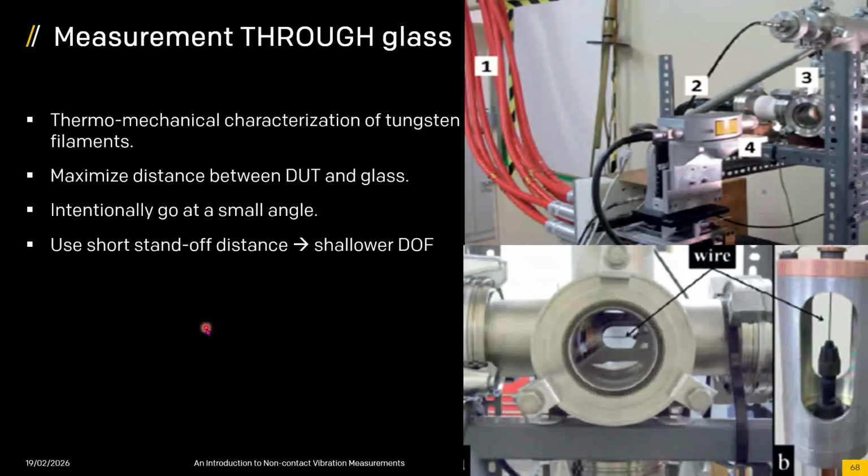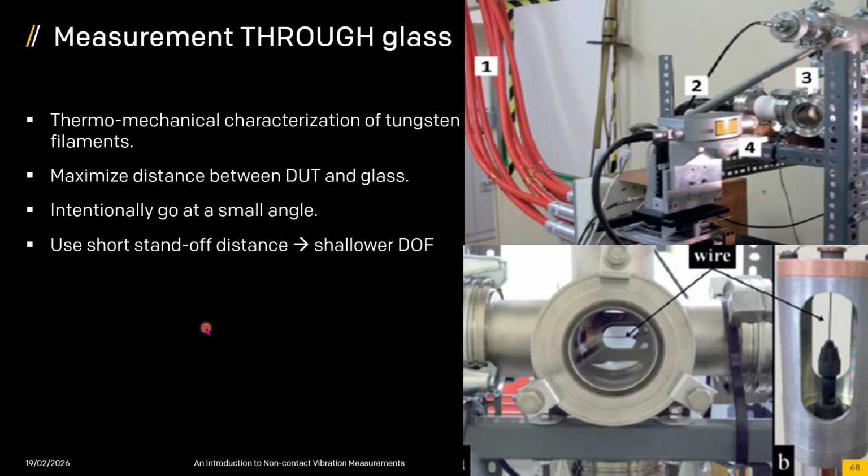Now let's look at the next two slides, which are about measuring through transparent media. So measurement in a vacuum chamber or any environmentally stable container or chamber, whether it's super high temperature, vacuum, or high pressure. These are the cases where the ability to go through any transparent media is extremely powerful.